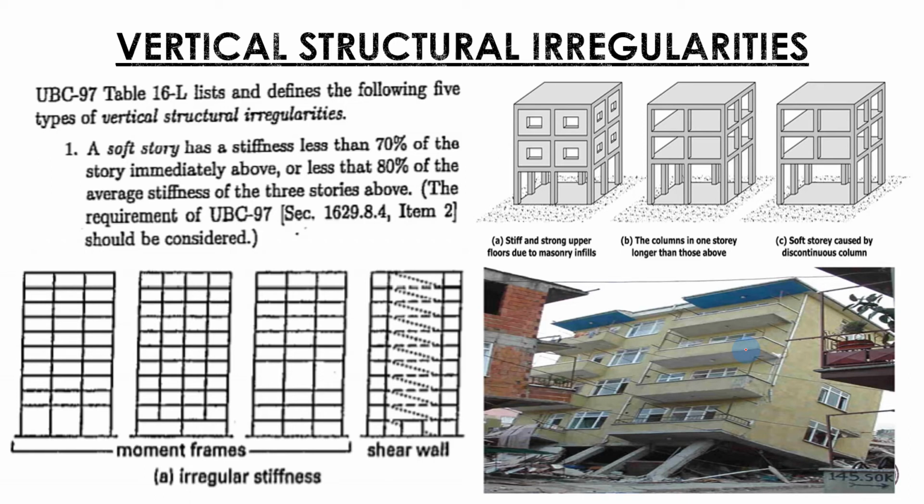So a soft story has a stiffness less than 70% of the story immediately above, or less than 80% of the average stiffness of the 3 stories above. So mao na ang iyahang more technical definition. Pero by just looking at the structure, kasagaran makuha na to guys, ma-conclude na to na soft story siya.